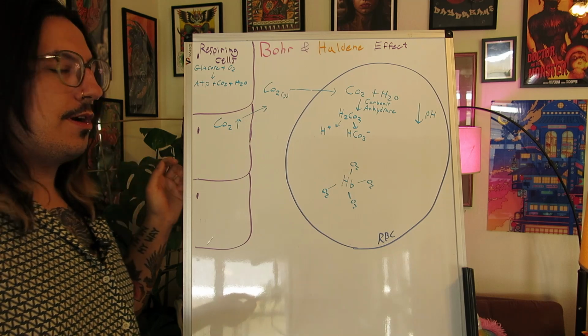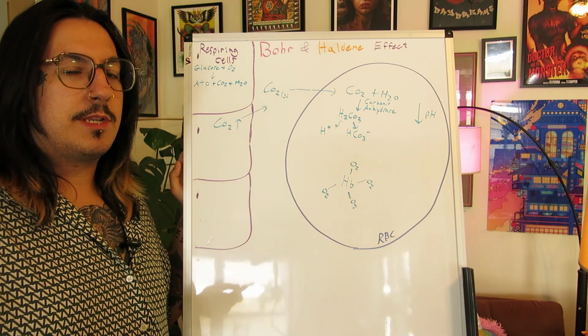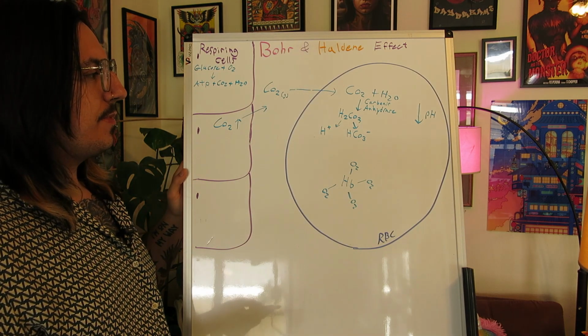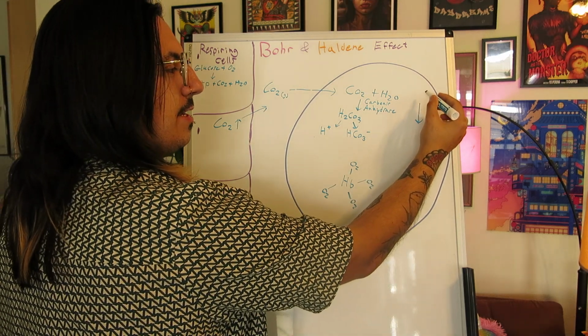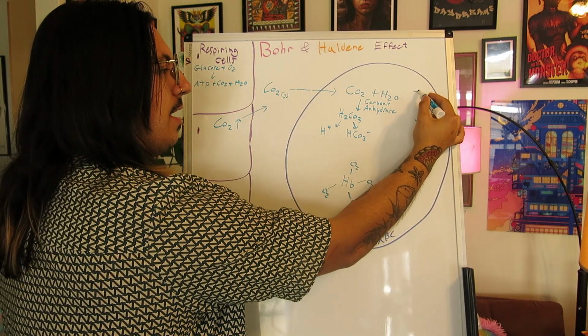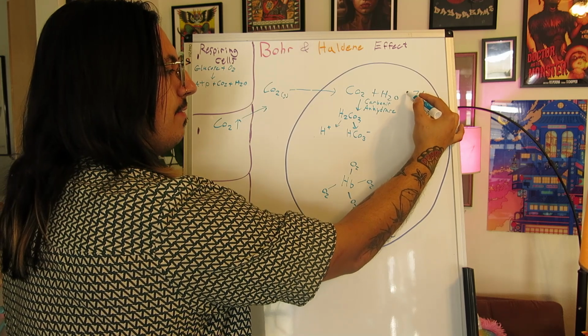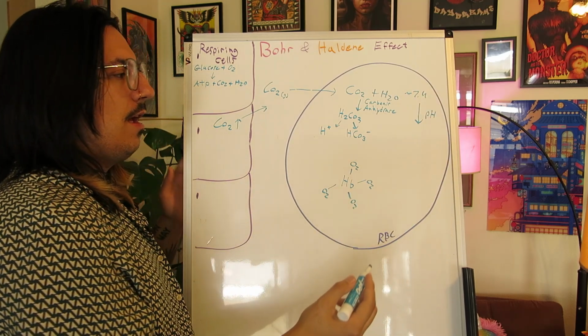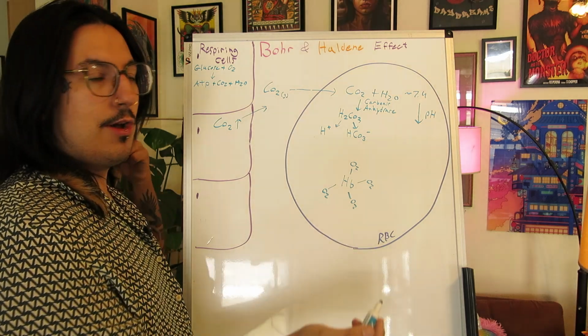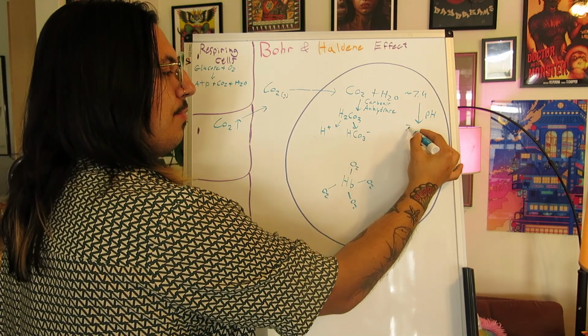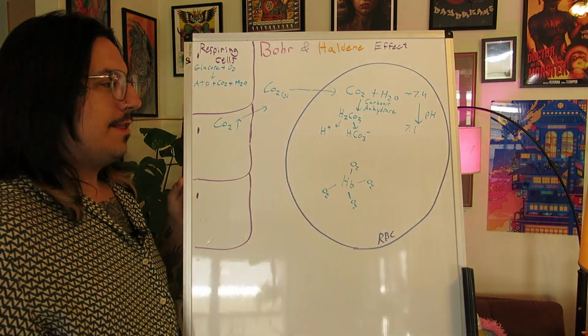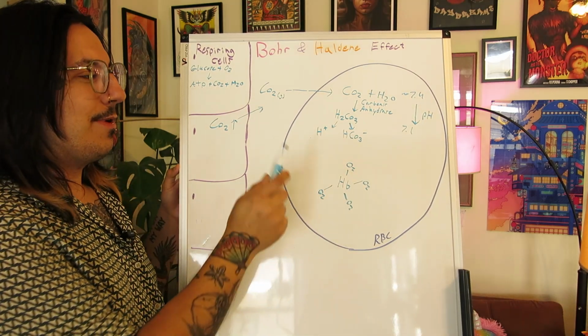And now this is where the Bohr effect comes into play. Also keep in mind the normal pH for a red blood cell and for most of your body is roughly 7.4. If we bring it down really low, like 7.1, that's not going to be good for you, and you have to get rid of that.